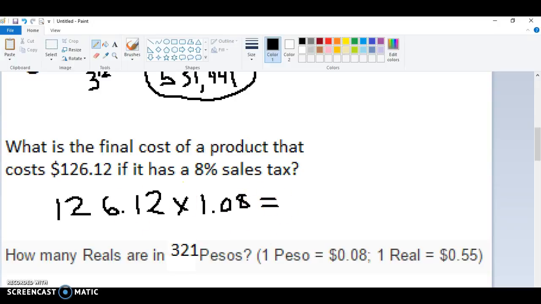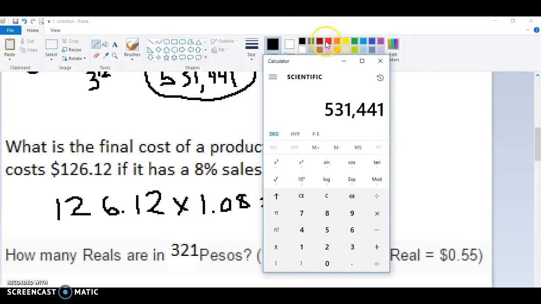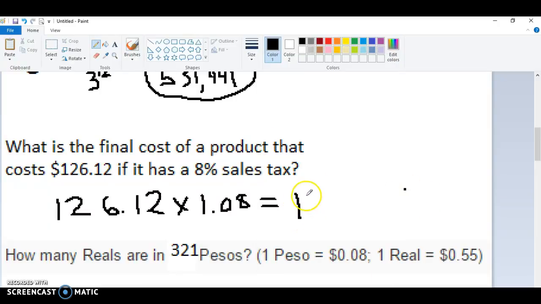So when I put this in my calculator, I'll be getting how much this costs. Alright, so 126.12 times 1.08, and that'll give me $136.21.